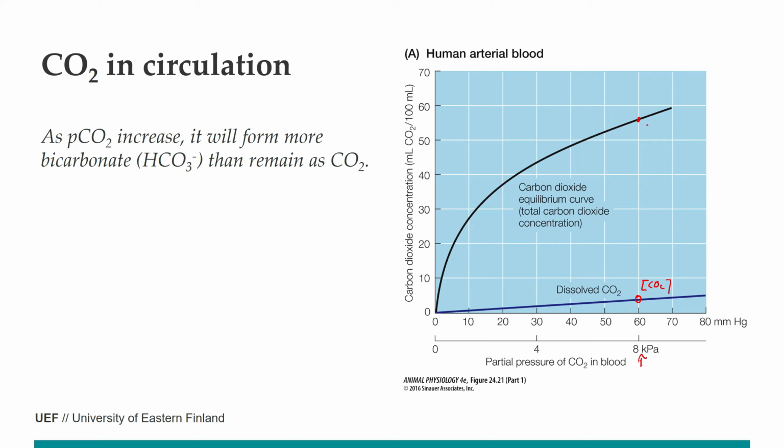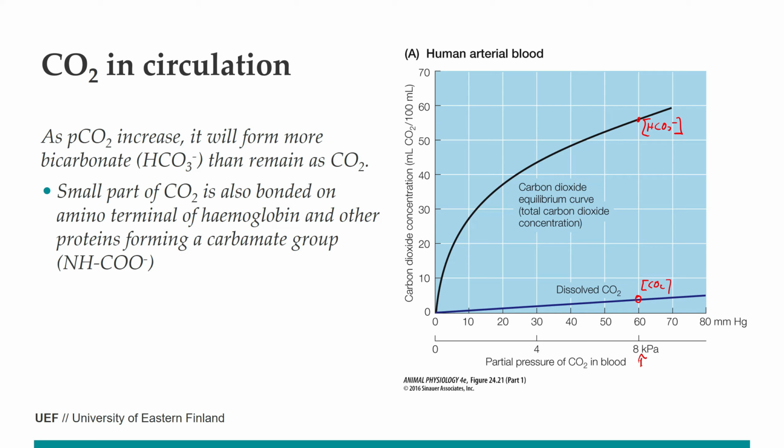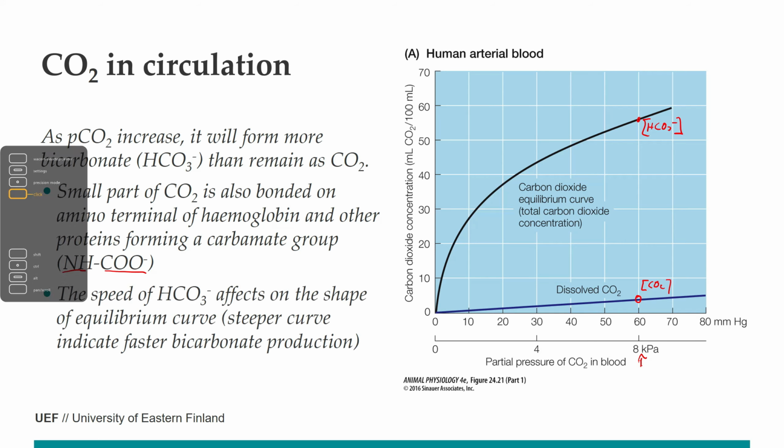It's mainly in the form of bicarbonate. But then a small part of it can be bound also at the amino terminus of the hemoglobin and other proteins, forming a carbamate group. So this N group is binding not only protons, but also carbon dioxide. But still, bicarbonate is the main product.